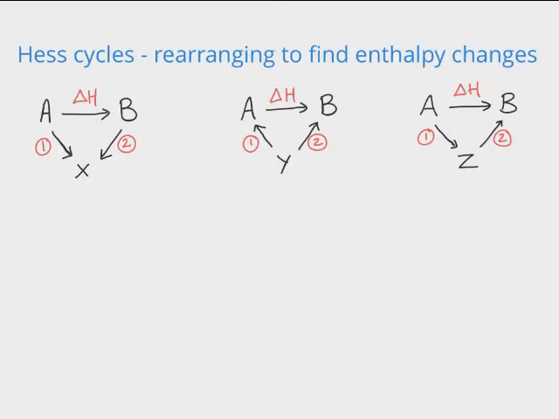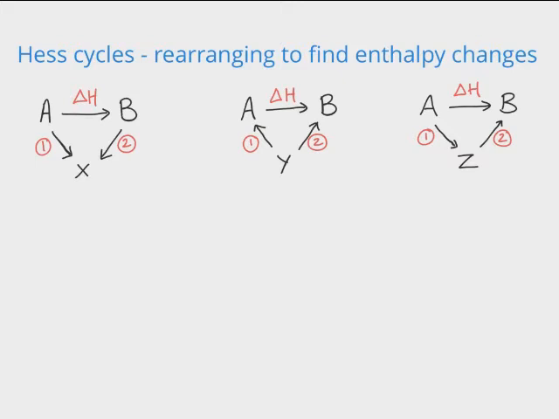Okay. Once you've decided which way your arrows go, based on the reactions you've been given, your next challenge in a Hess cycle is working out one of the enthalpy changes from the other. And there's really only three main possibilities. So on the left, you can have both arrows going down. The middle one, you have both arrows going up.